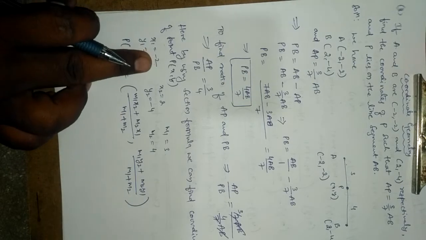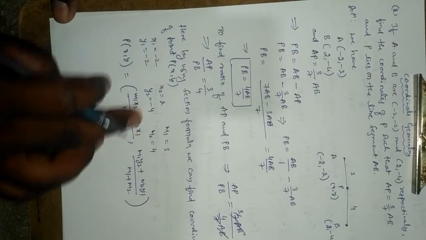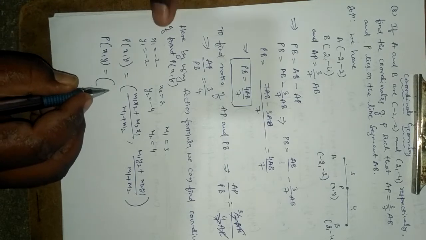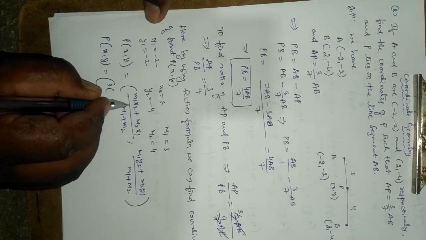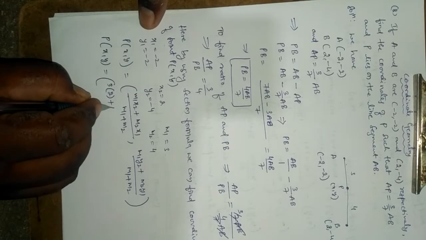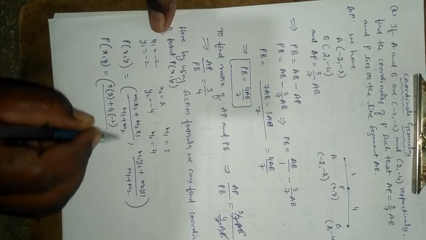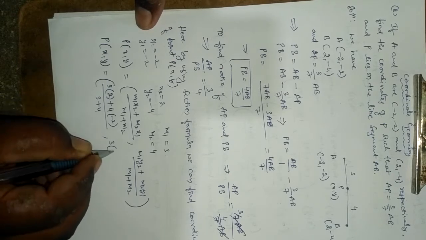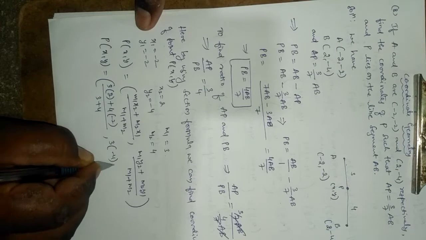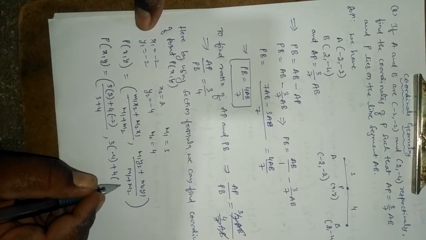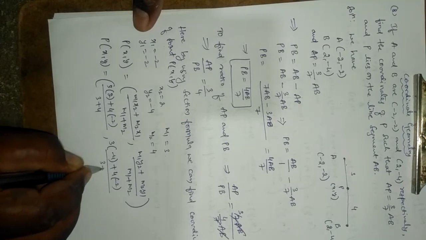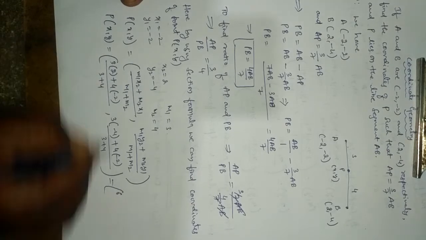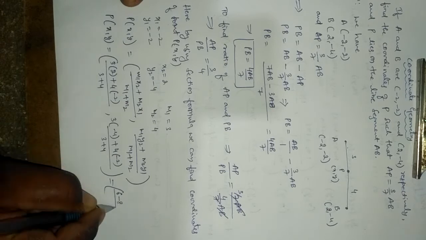All these values x1, y1, x2, y2 and m1, m2 we substitute here, and we are going to get the coordinates of point P. So P(x, y) is equal to (3 into 2 plus 4 into -2) divided by (3 plus 4), and (3 into -4 plus 4 into -2) divided by (3 plus 4).